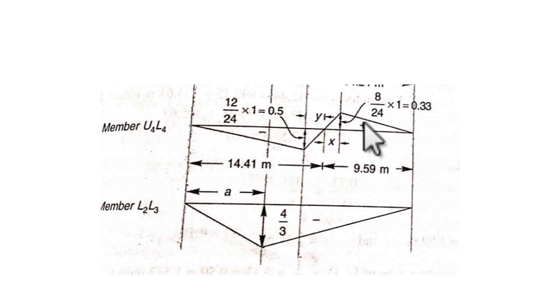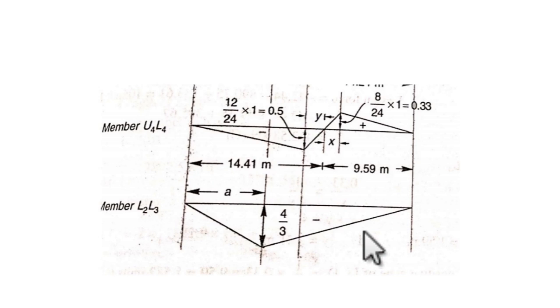So this ordinate will be 8 by 24 into 1. And what is this ordinate? 12 by 24 into 1. So this becomes 0.5 and this becomes 0.33. Again, here this value will be x, this value will be y. You can find the values of x and y from similar triangles. So you know the distance of the base of this triangle, and the distance of the base of this triangle from the edge.